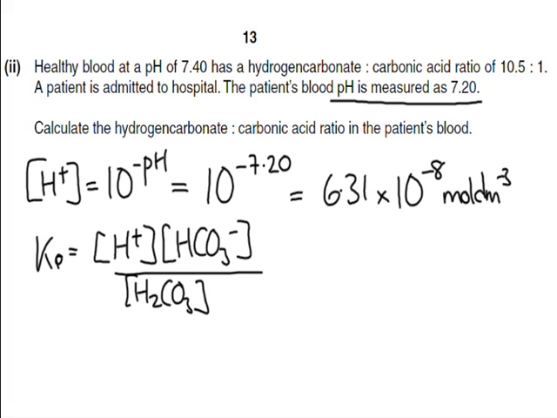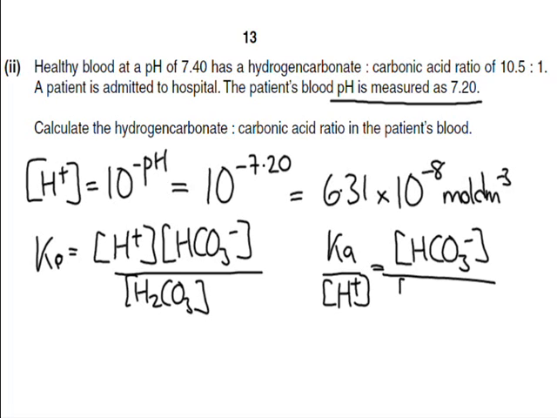This can be rearranged so that you end up with just the ratio of hydrogen carbonate to carbonic acid, which is exactly what you want: Ka divided by the concentration of H plus is equal to hydrogen carbonate over carbonic acid.